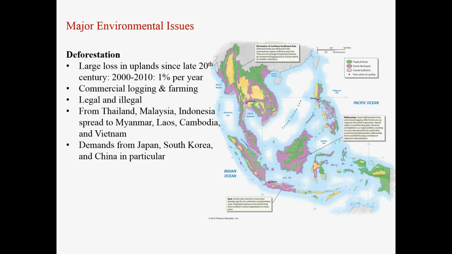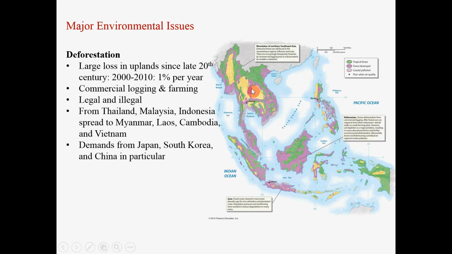Sometimes even the ministry is involved in illegal logging. When commercial logging became illegal there, those activities switched to Myanmar, Laos, Cambodia, and Vietnam. So those are the places where you see the loss of forest in Southeast Asia.